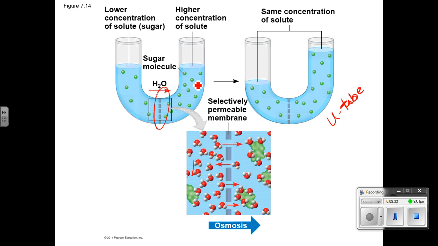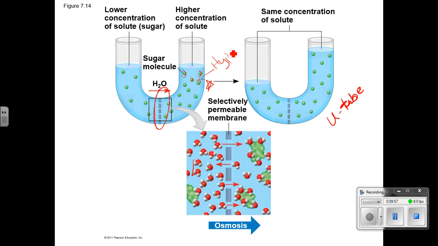Here we have a bunch of sugar molecules. In relation to the other side, there are more sugar molecules on the right side of this U-tube. That means there's more solute, so the concentration is hyper or hypotonic?